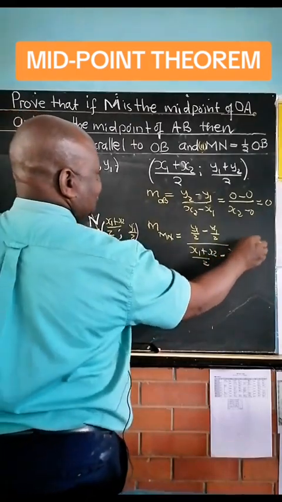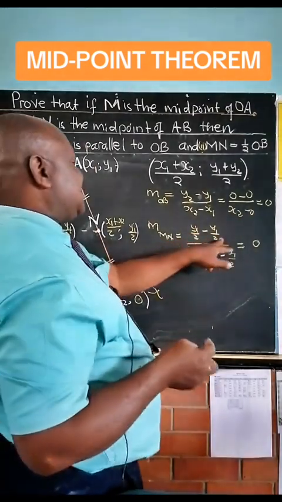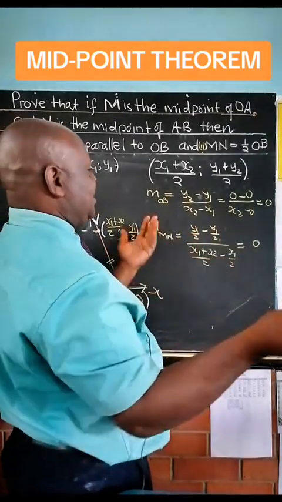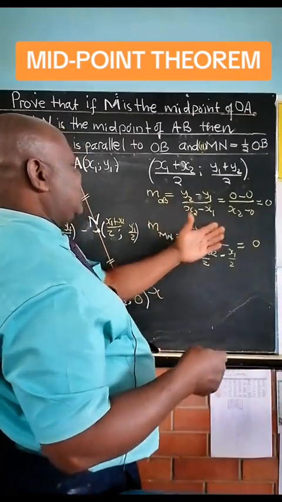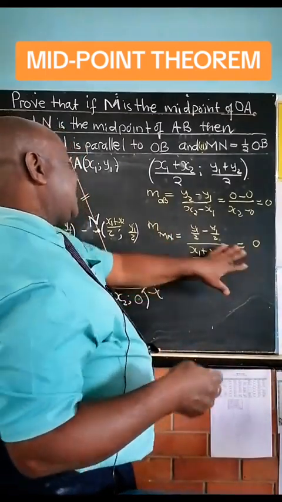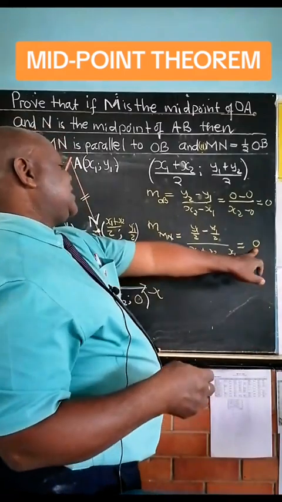This is equal to 0 since the numerator is 0. No matter what the denominator is, provided it is not 0, 0 divided by any number is 0. So this answer is 0.